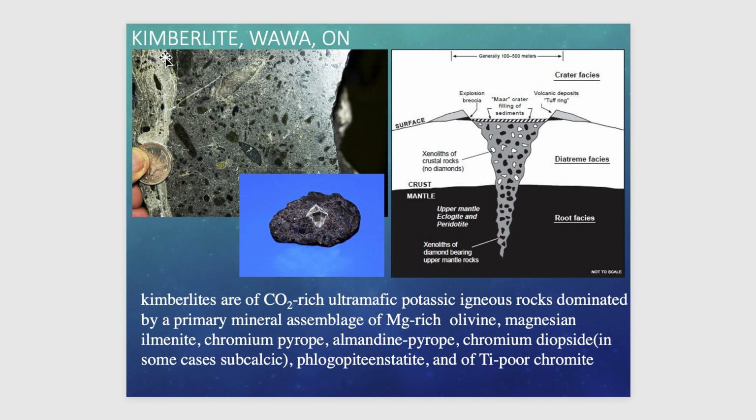And in fact, kimberlites were originally discovered in South Africa, but are also abundant in India, and even here in Canada, so in ancient cratons, essentially, and even in Australia, in the Argyle district, they are quite abundant.